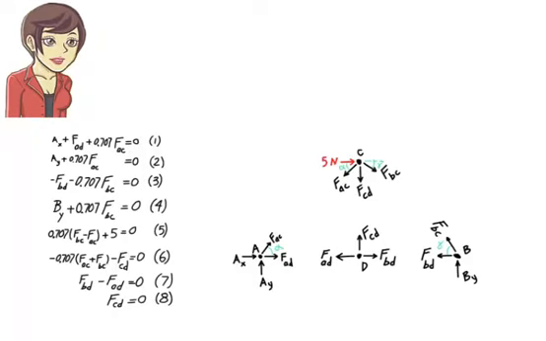Found one. Joint D has only 1 unknown force in the y direction. Therefore, using equation 8, I can solve for FCD. FCD equals 0.